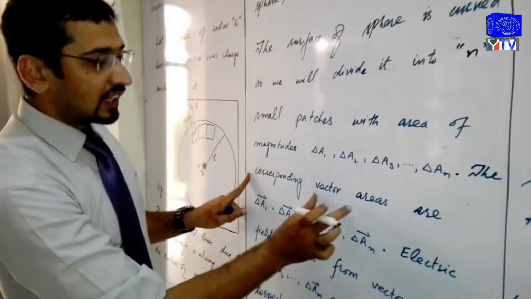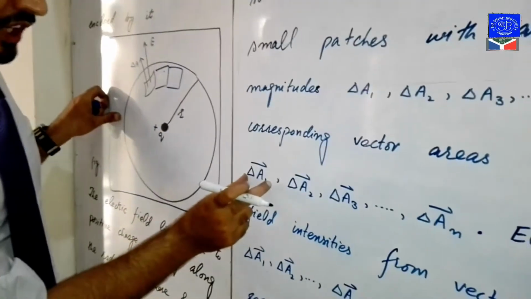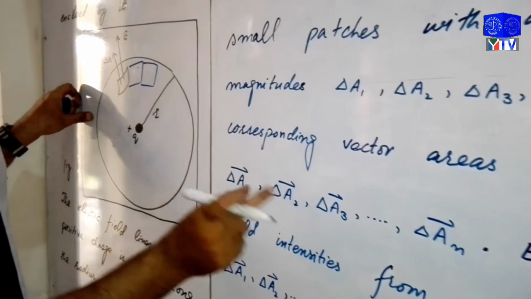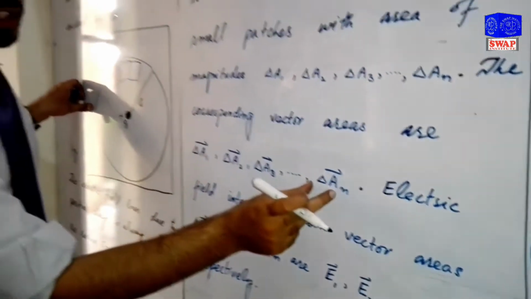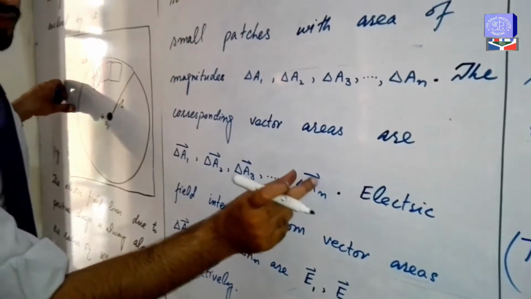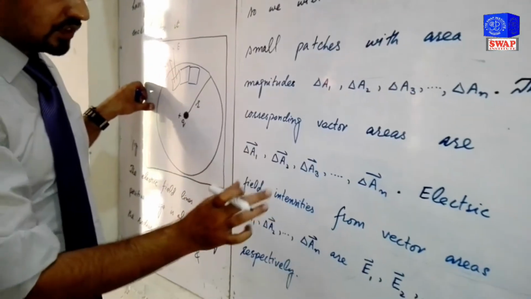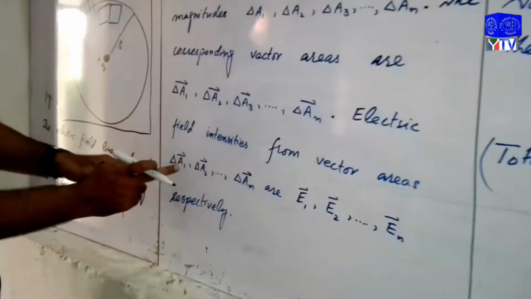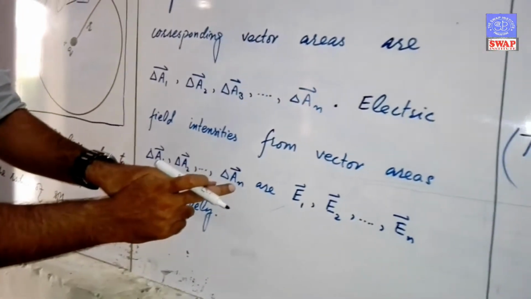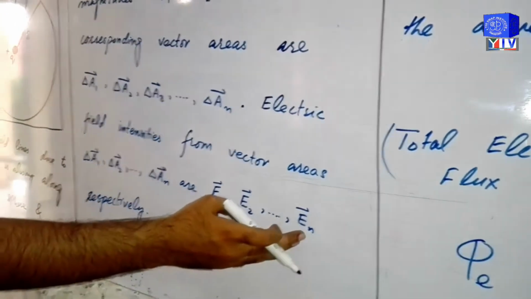The corresponding vector areas of these areas are delta a1 vector, delta a2 vector, delta a3 vector up to delta an vector. The electric field intensities at vector areas delta a1, delta a2, delta a3 up to delta an are E1, E2, E3 up to En respectively.